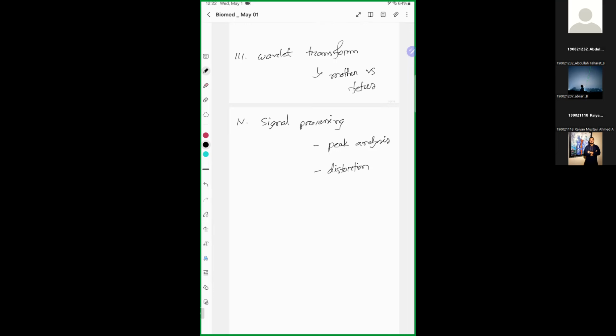For instance, this is your standard signal, and if you have another signal that looks like this, you can compare between these two signals and see how much distorted your signal is relative to the normal signal. Based on this distortion, you can come to a conclusion what kind of abnormalities are present.